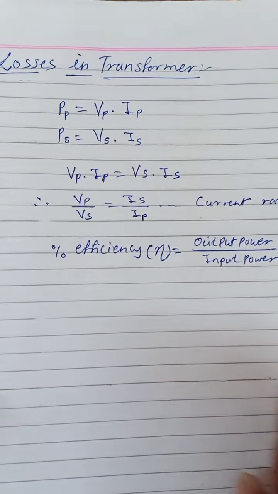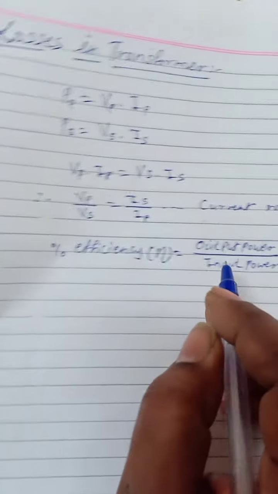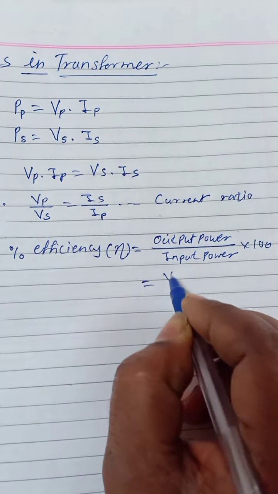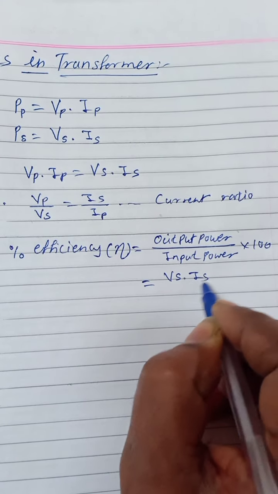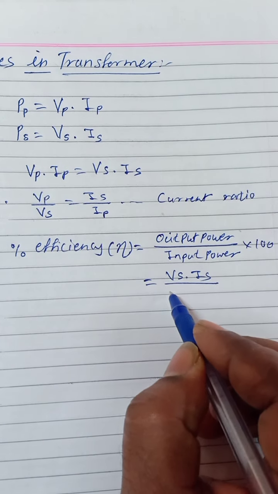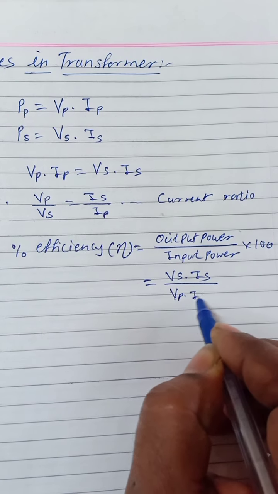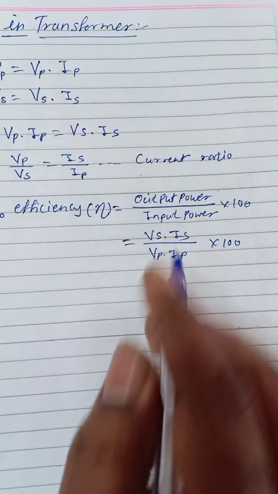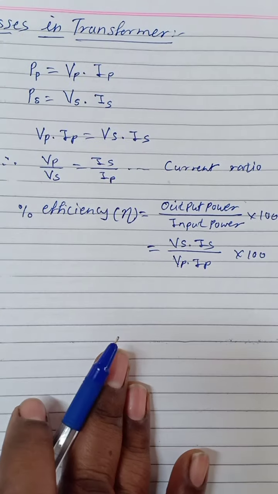This is the efficiency of transformer. Output power means power at the secondary, that is Vs into Is. Input power is power at the primary, that is Vp into Ip, into 100. So this is the percentage efficiency of transformer.